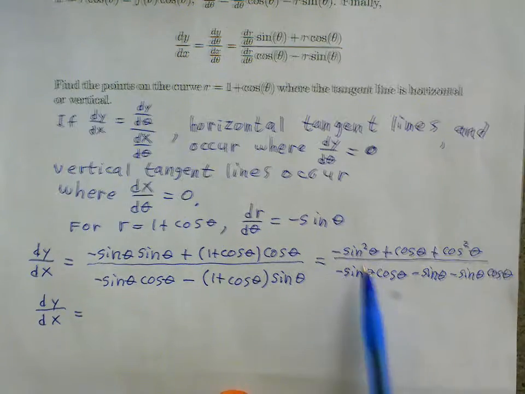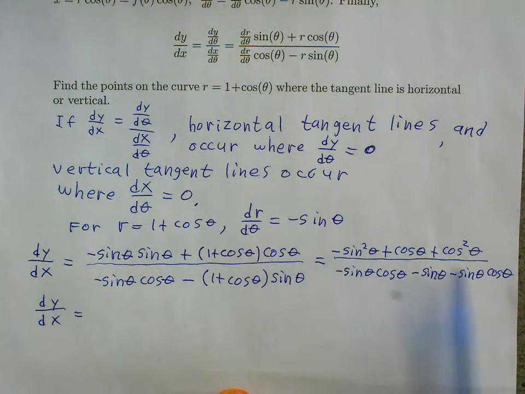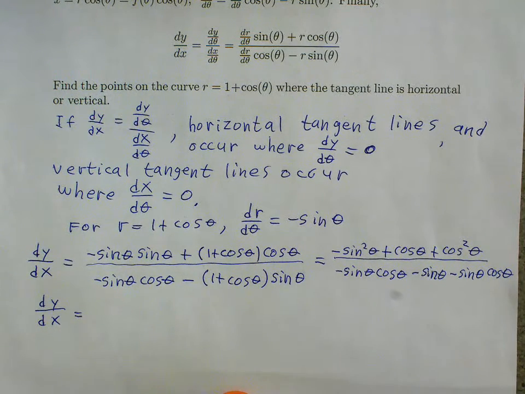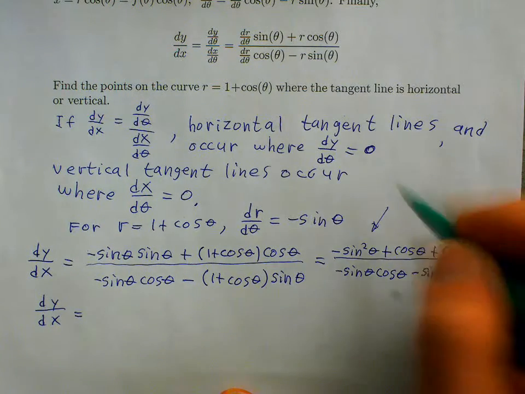So notice up here in this numerator, two of the terms involve cosine of theta. So if I replace sine of theta squared with 1 minus cosine of theta squared, we'll use a Pythagorean identity.